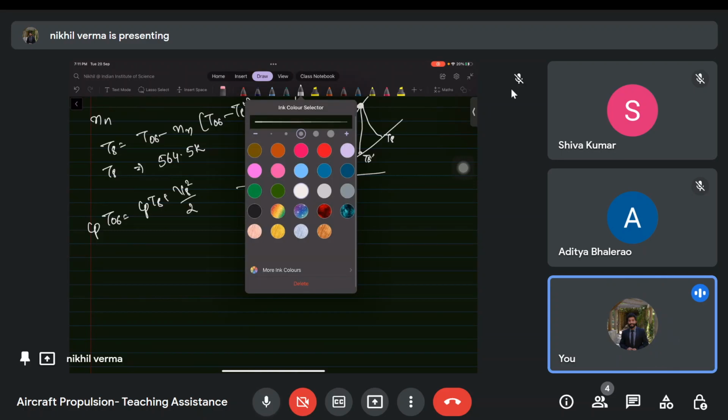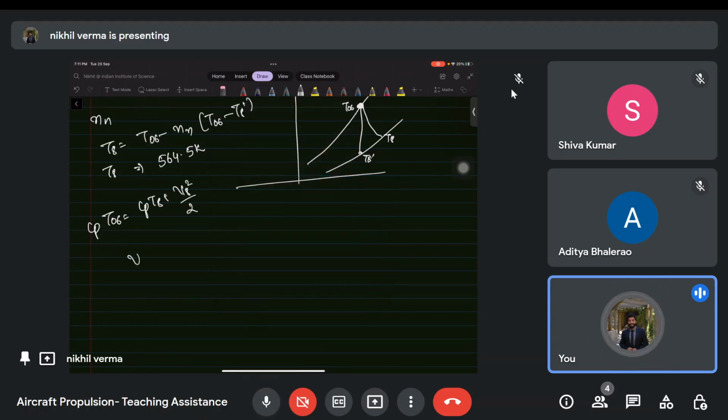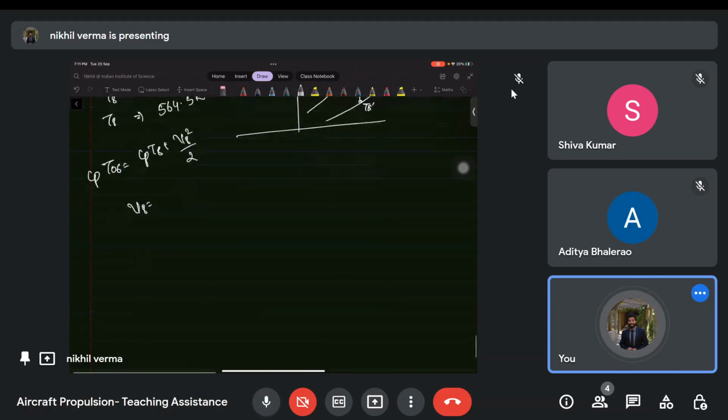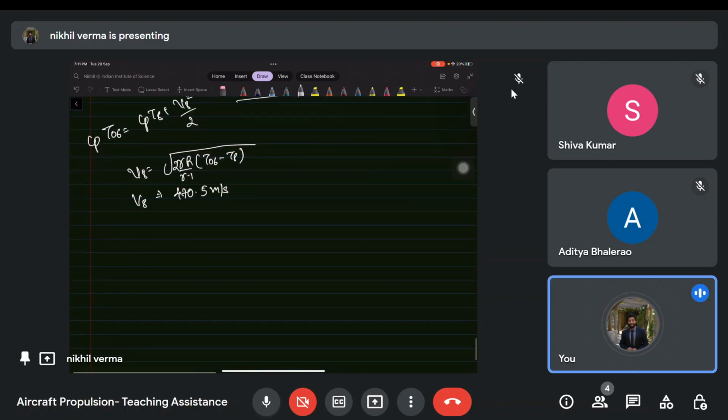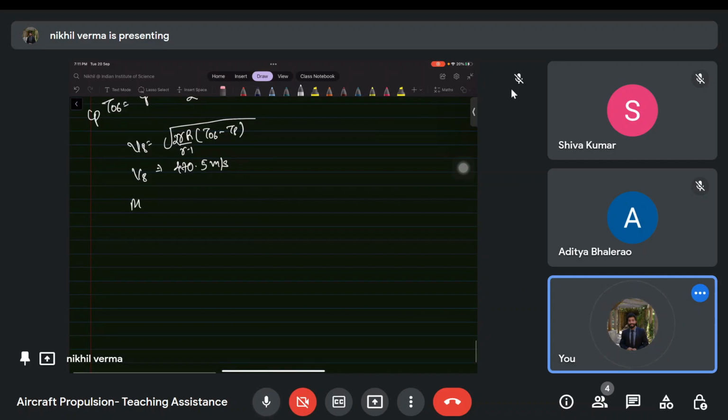So if you substitute this equation, you will get V8 is equal to, Cp can be written as gamma R by gamma minus 1, you have 2, this is T naught 6 minus T8. So V8 from this equation you will get as 470.45 meter per second.